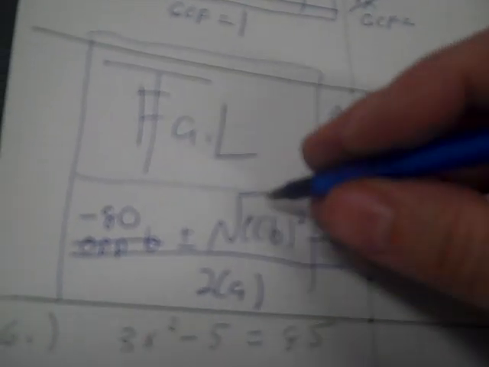Okay, opposite of b, you're going to make your 80 negative. If it's positive, then you have to make it negative, okay? And the b itself is just 80. And then you're going to have 4, and then a is 3. C is 7. And a is 3. So we got the negative 80, the plus minus. 2 times 3 we know is 6.